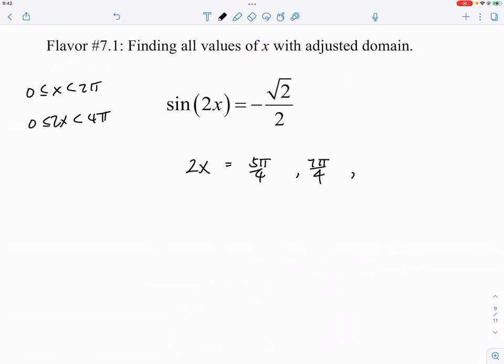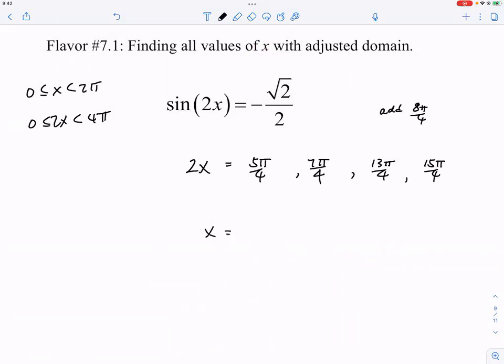And then we'll keep going, and we add 8 pi over 4 to these terms. So we have 13 pi over 4, and then 15 pi over 4.